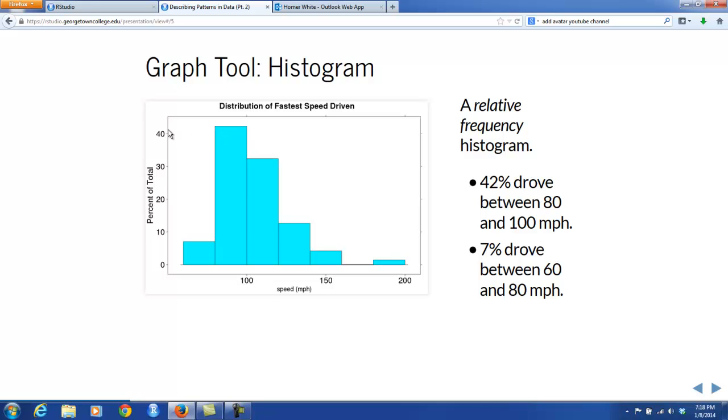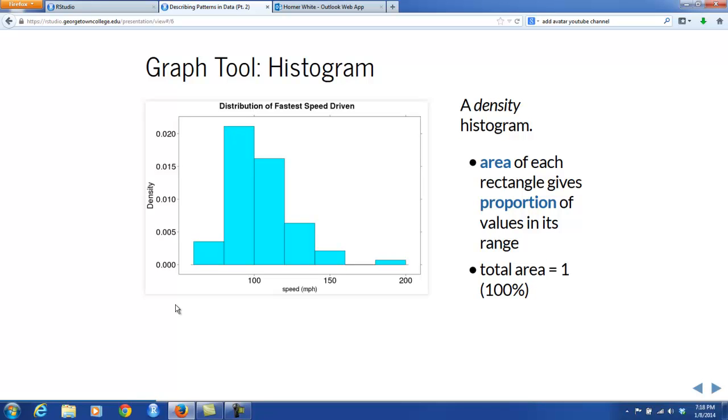And notice the height going up to, yes, about 42%. On the other hand, looking at 60 to 80 miles per hour, it looks like maybe about 7% drove within that range.